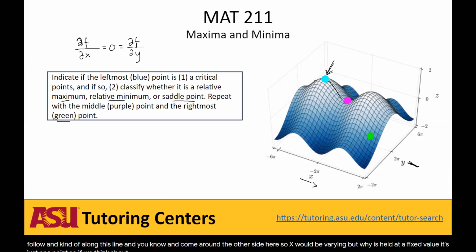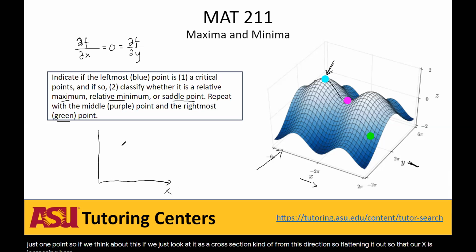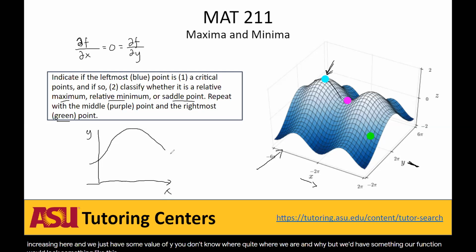If we look at it as a cross section from this direction, flattening it out so that x is increasing, and we just have some value of y, we don't know quite where we are in y, but our function would look something like this. Since we're assuming this point is right at the tippy top, it would be right at the top of this curve as well.